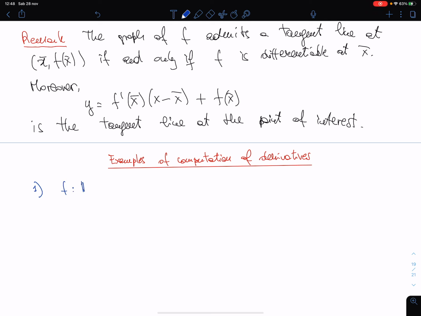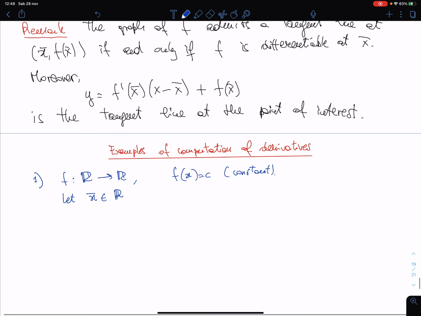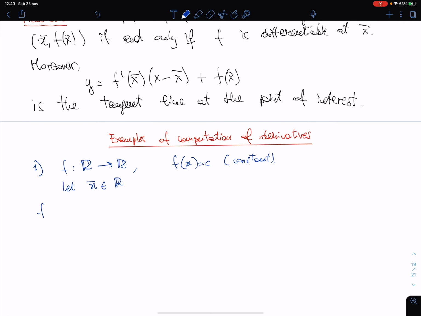f is defined on the whole real line, which is an interval, and f of x is constant. So let x bar, the point where we want to compute the derivative, be a real number. Then we have f of x minus f of x bar.